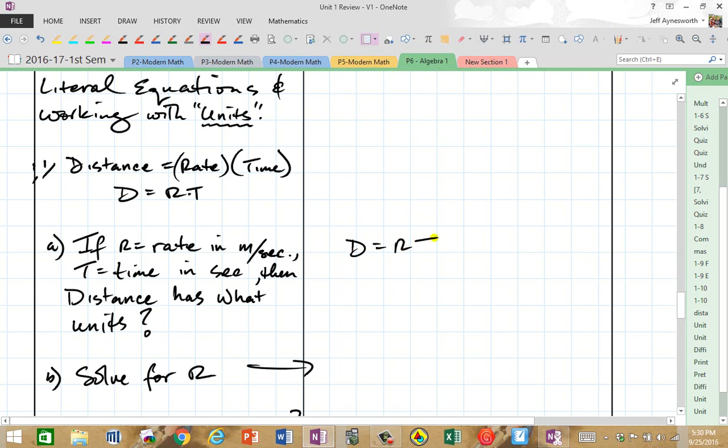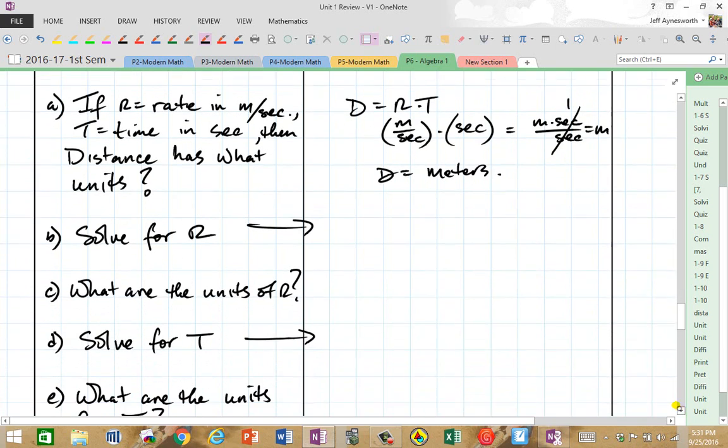So it's rate, which is meters per second, times the time, which is in seconds. If you multiply the two, you get meters times seconds divided by seconds. Anything divided by itself is 1. So you get meters. Distance equals meters. And that makes sense, that's a unit of measurement for distance.